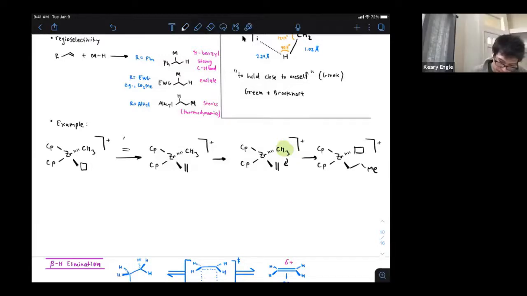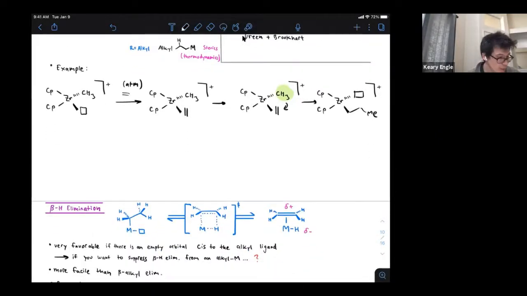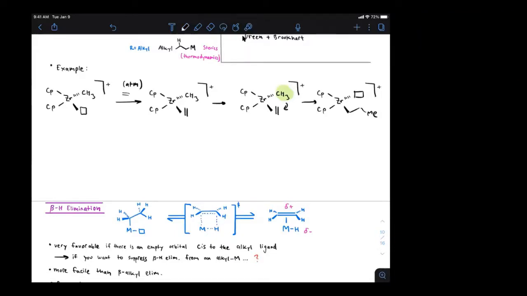I didn't mention this, but this is actually under an atmosphere of ethylene. So what would you expect might happen next then? Oh, is it like a polymerization process? Yep, very good.